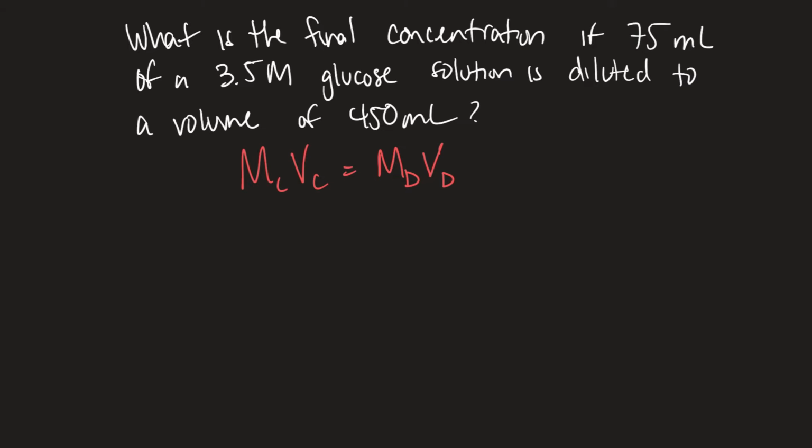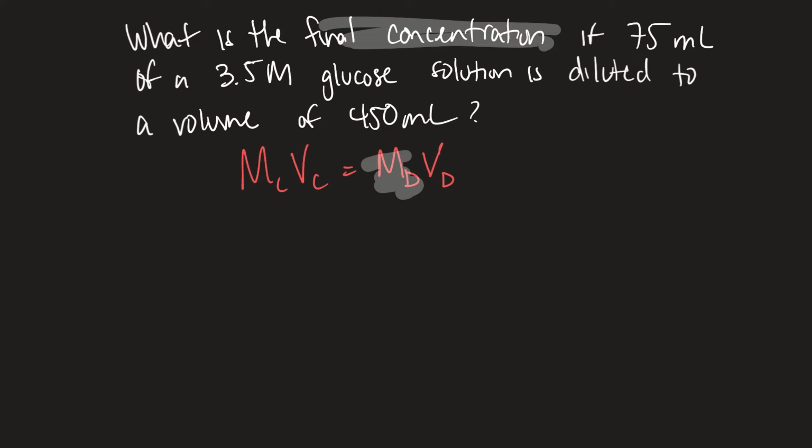Let's read through this problem so that we understand what we're doing. It says, what is the final concentration? So what is the diluted concentration? This is what we're looking for. If 75 mL of a 3.5 molar glucose solution is diluted to a volume of 450 milliliters.